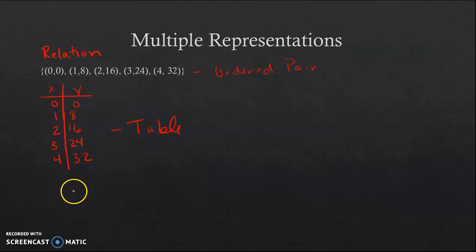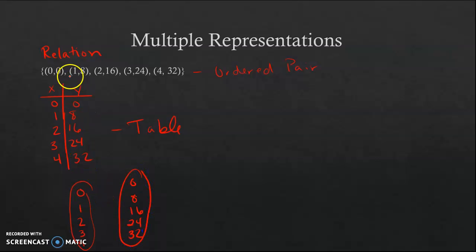We can also do what is called a mapping. So that's where we're going to take our X values, our domain values, 1, 2, 3, 4. We're going to put them in their own little oval. And then we're going to do 0, 8, 16, 24, 32 and put them in their own oval.